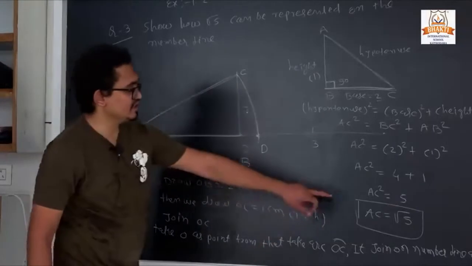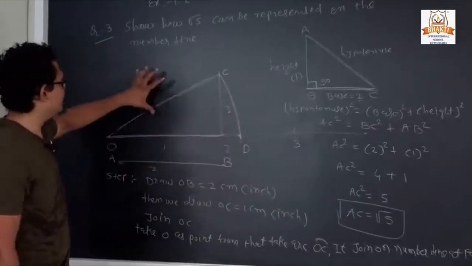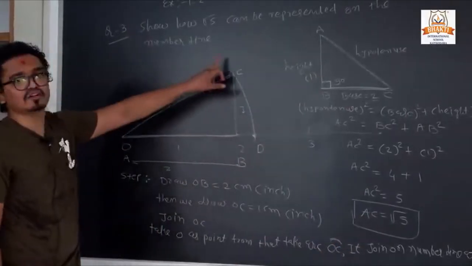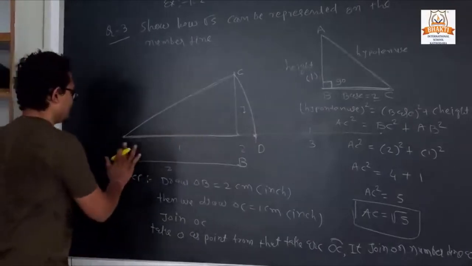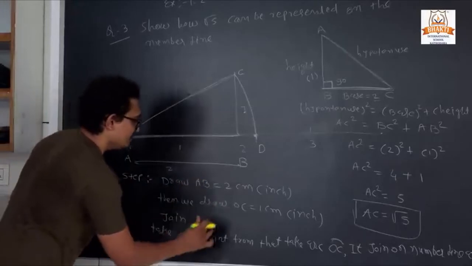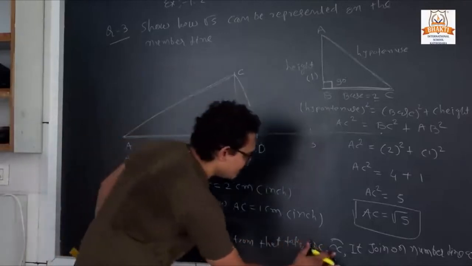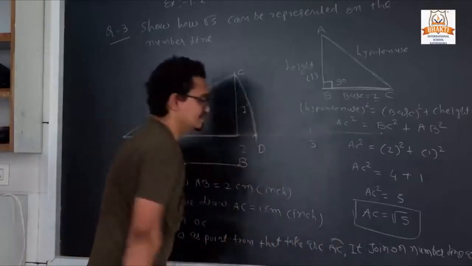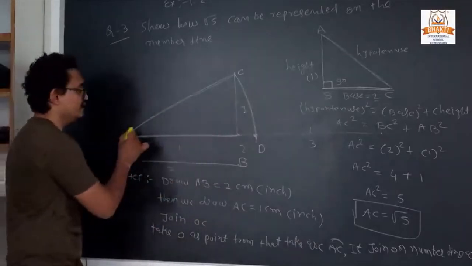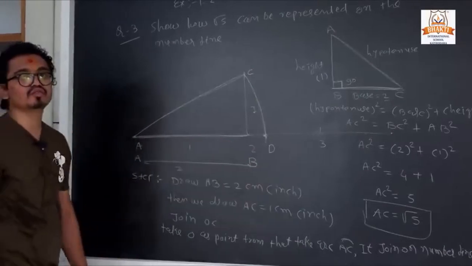Nothing changes, but here we are taking AC and here OC. If you have confusion, we can declare it is A. So here it will be AB and here we can take AC. And once again AC. So the measurement from A to D will be the value of root 5.